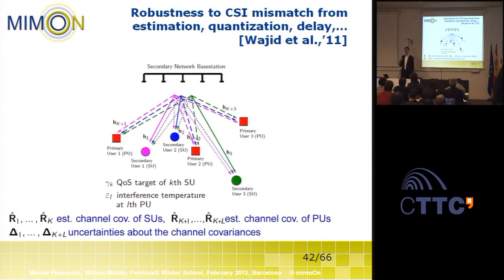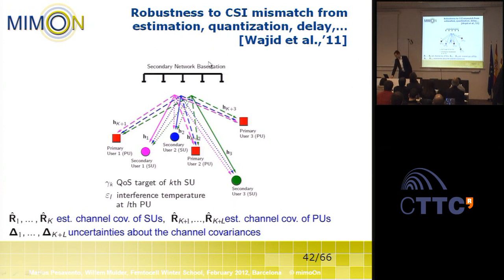So towards this end, we have considered the robust beamforming scheme where we have, for example, CQI mismatch due to estimation errors, quantization errors, or even delay.